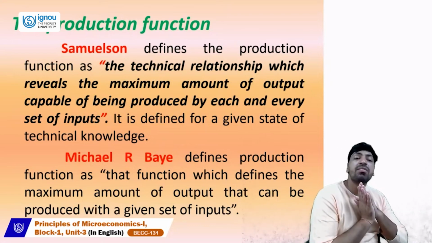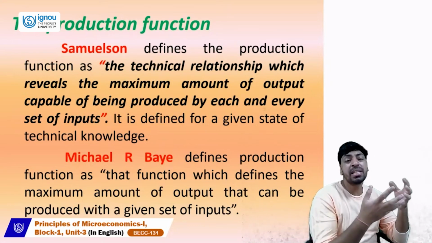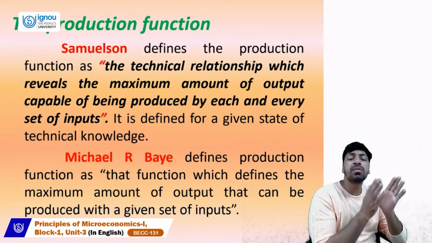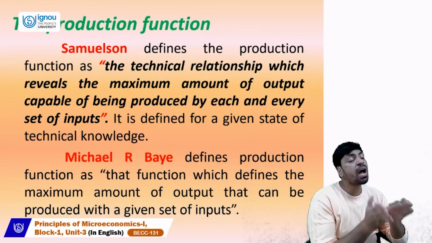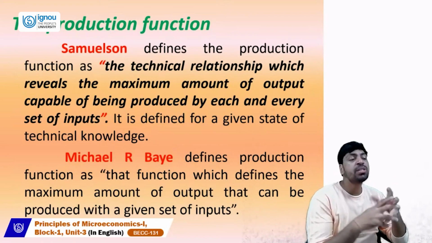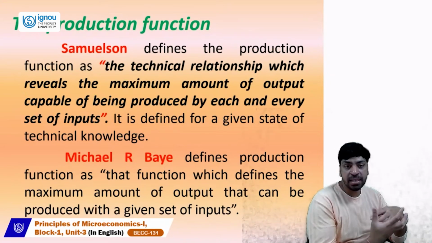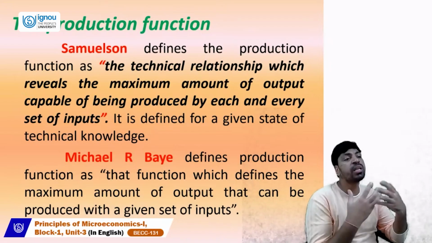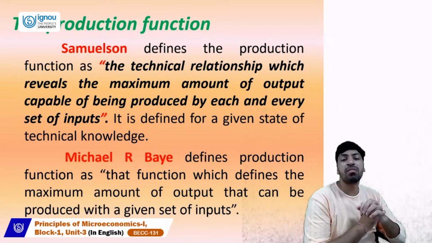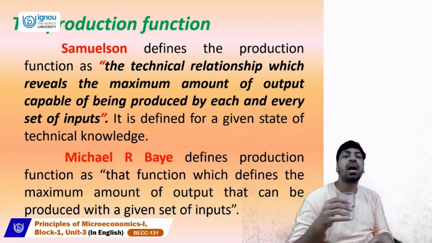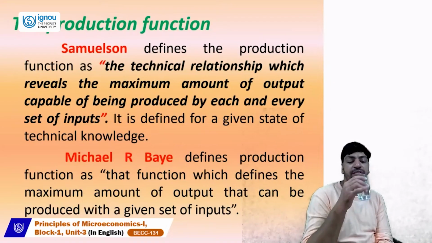In a general sense, production function shows a positive relationship between the outputs and the inputs. So the more inputs are utilized, the more one reaches the maximum amount of output. This is how to define the production function.